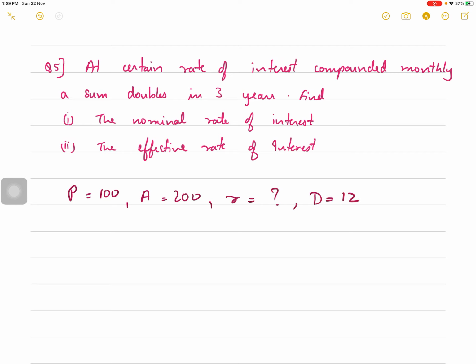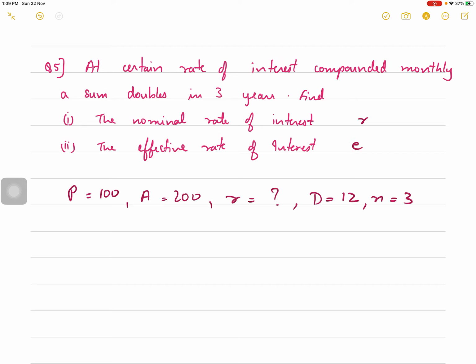Compounded monthly, so D is equal to 12. And the sum doubles in 3 years, so N is equal to 3. Okay. So you are supposed to find R. Nominal rate of interest means you are supposed to find out R. Okay.